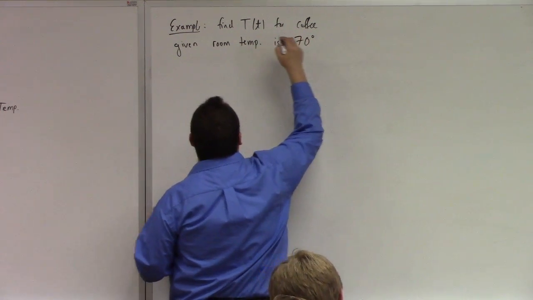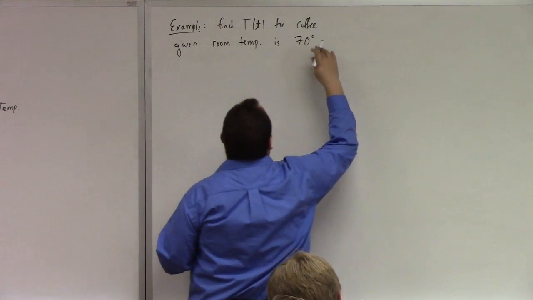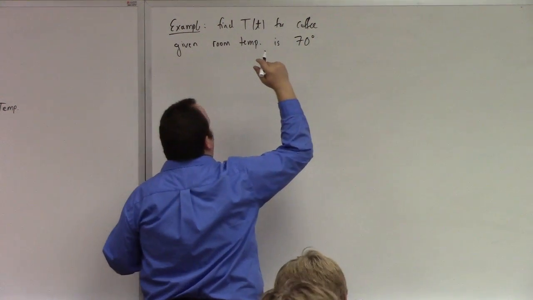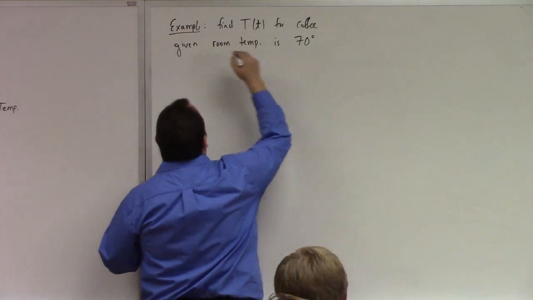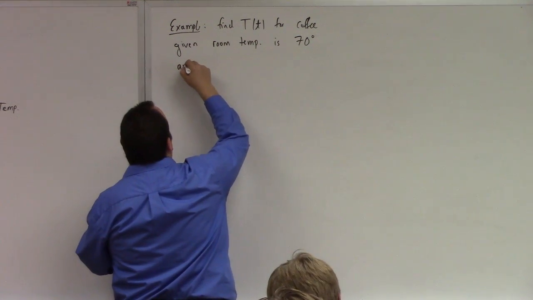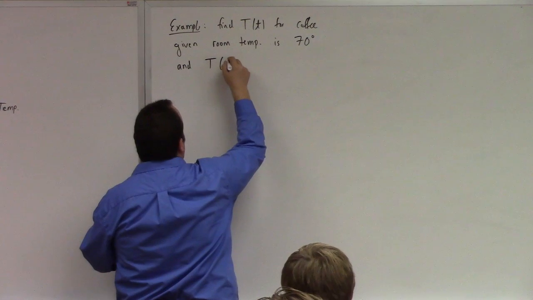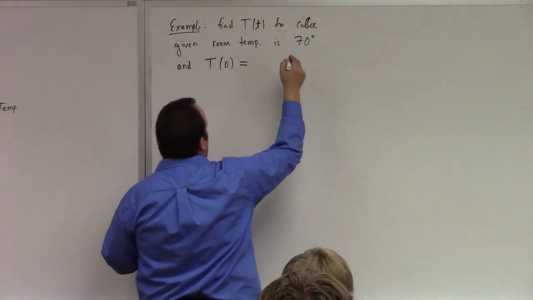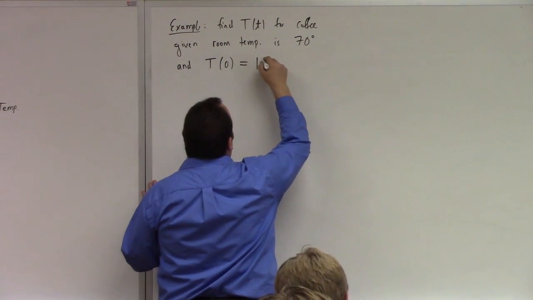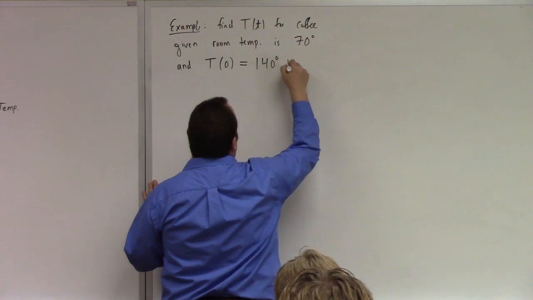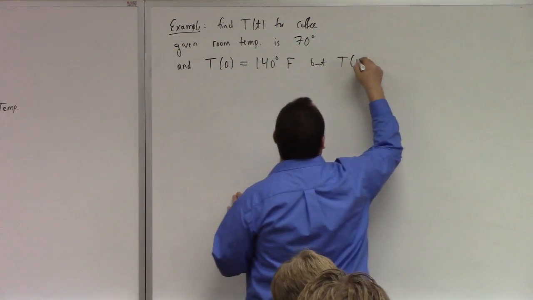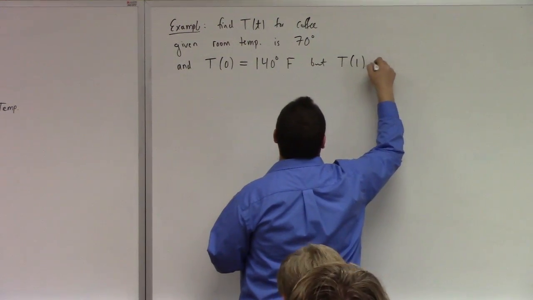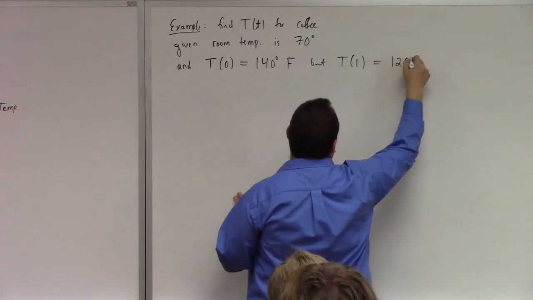We'll use Fahrenheit. We're civilized people. We don't use centigrade. Room temperature is 70 degrees Fahrenheit, and the initial temperature of the coffee is, let's say, 140 degrees Fahrenheit. But after 1 minute, the coffee has cooled to 120 degrees Fahrenheit.